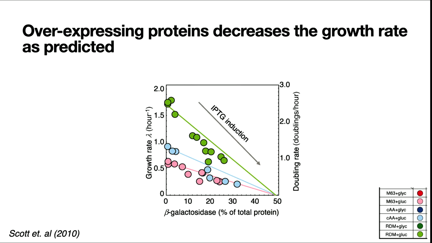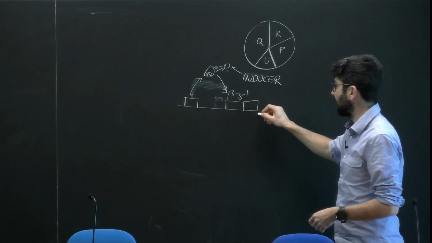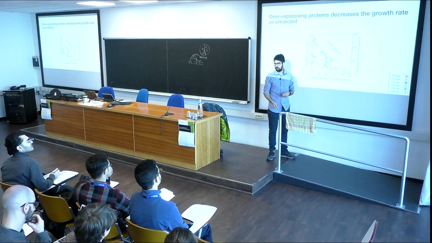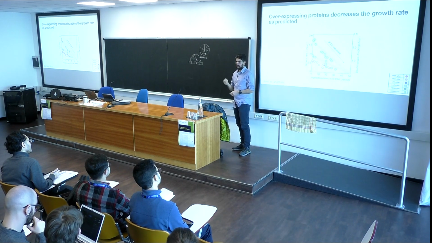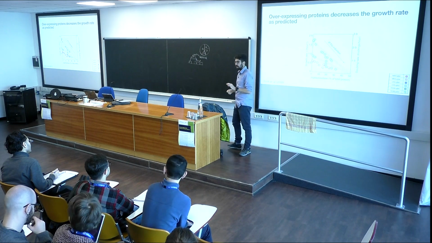Basically, you can tune how much of the inducer you put, and by tuning it you tune how much you express of this. It's also fluorescent, so you can measure how much you express and control it by changing the inducer. You can do different experiments where you change the amount of inducer, measure how much is expressed, and measure the growth rate. Did I answer? I have to check the details.